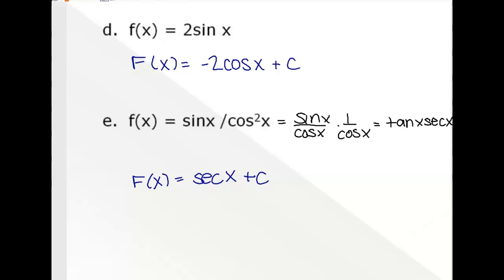And now if you go back to your table, tan x and secant x are one of our rules. So the antiderivative of tan x secant x is secant x plus c. So capital F of x is equal to secant x plus c.